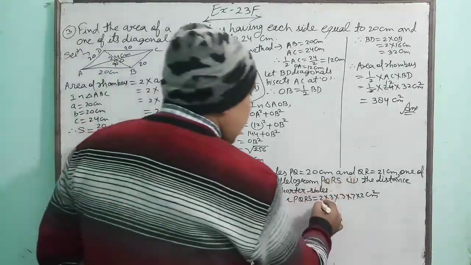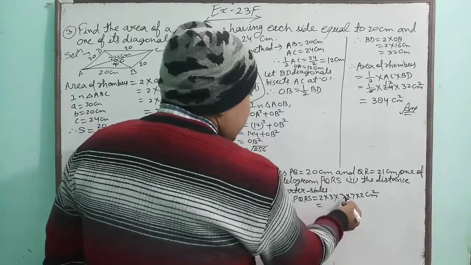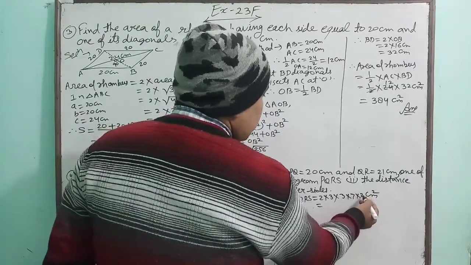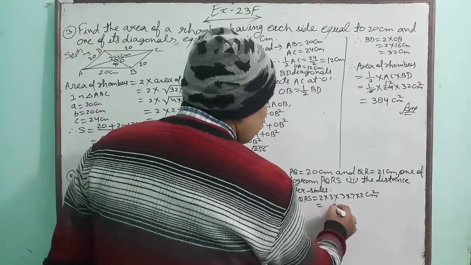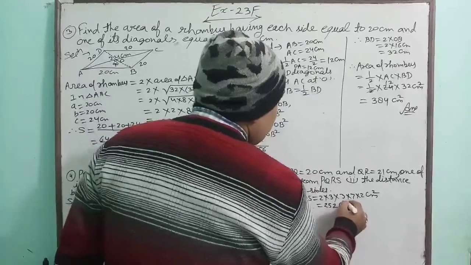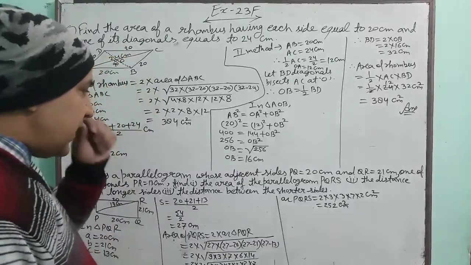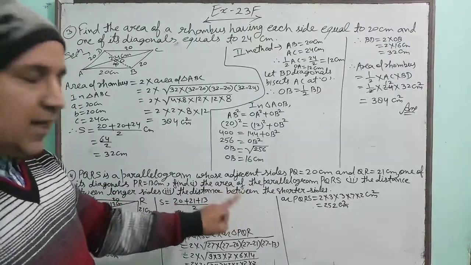Okay, now multiply and get your answer. 2 into 3, 6, 6 into 3, 18, 18 into 2, 36, 36 into 7, 252 centimeter square. This is the area of parallelogram PQRS. Understood?